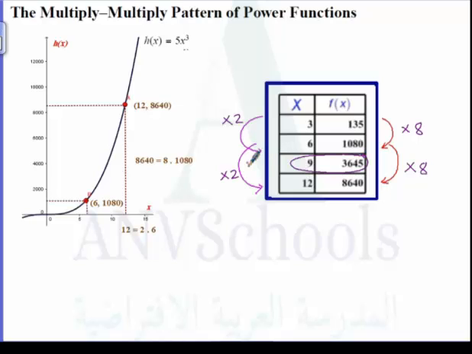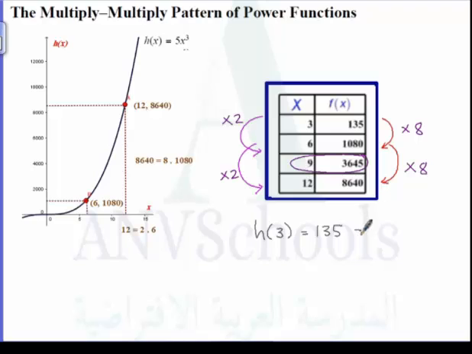So let us take the case of h of 3. What is our h of 3? We have 135.